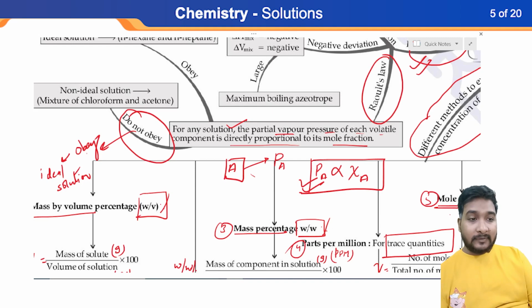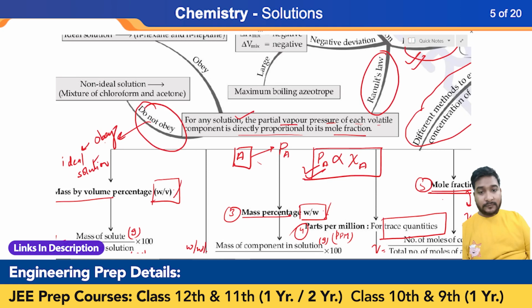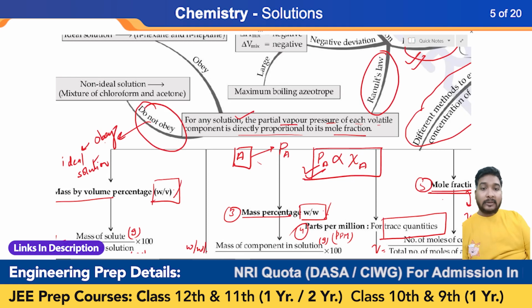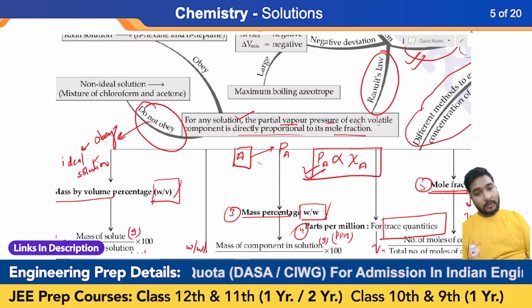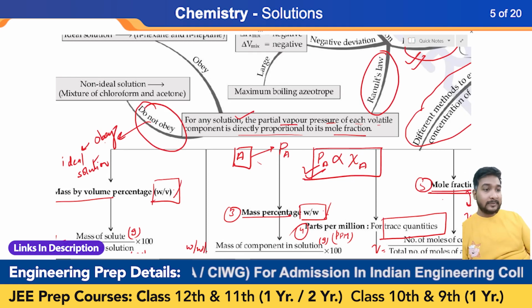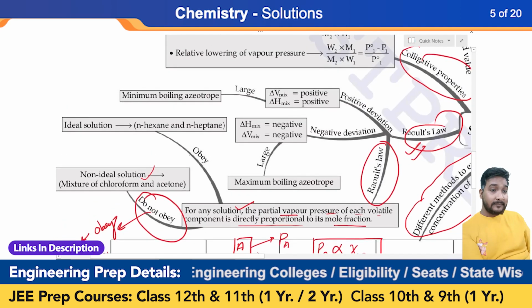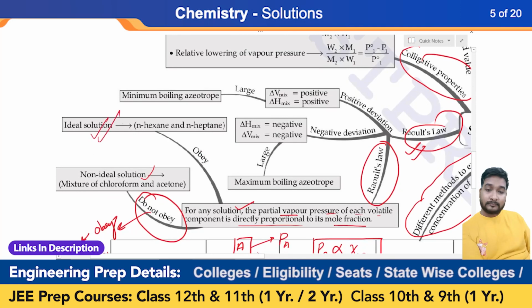But if he or she does not obey the orders of the parent, then he or she is a non-ideal kid, right? Similarly, any solution which obeys Raoult's law is an ideal solution; which does not obey Raoult's law is a non-ideal solution.